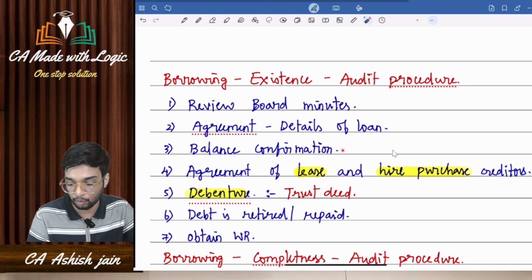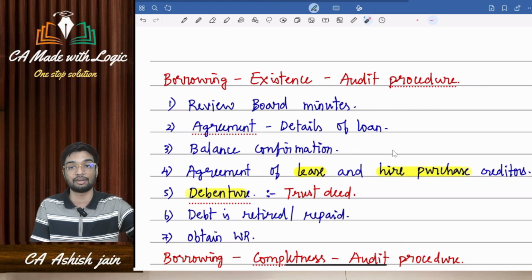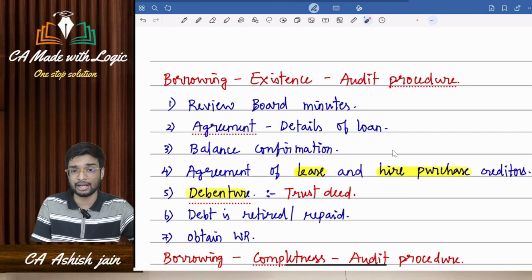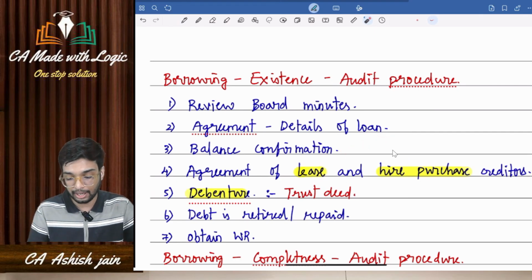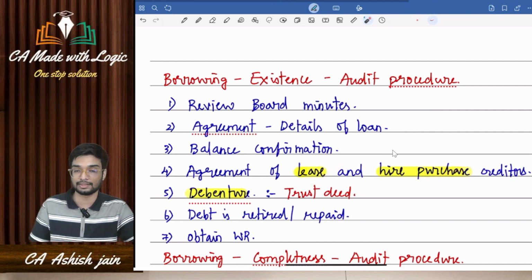Then he will get the balance confirmation of whatever balance is outstanding as on 31st March. Then he will get the agreement of lease or hire purchase creditors. Debentures also come under borrowing, so by issuing debentures a company can also raise funds.